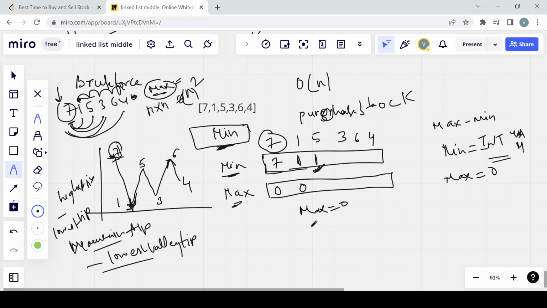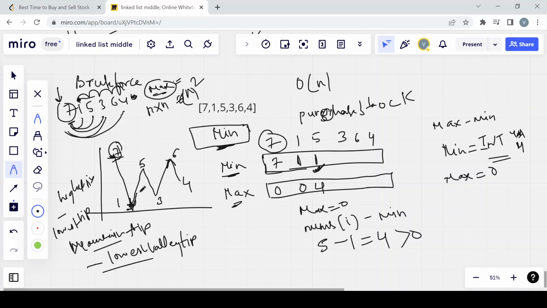Now what we'll do is calculate num minus min. So 5 minus 1 is 4. Is it greater than the max so far? Yes, 4 is greater than 0, so we'll update our max to 4. So if we choose 1 and 5, we'll get a profit of 4.